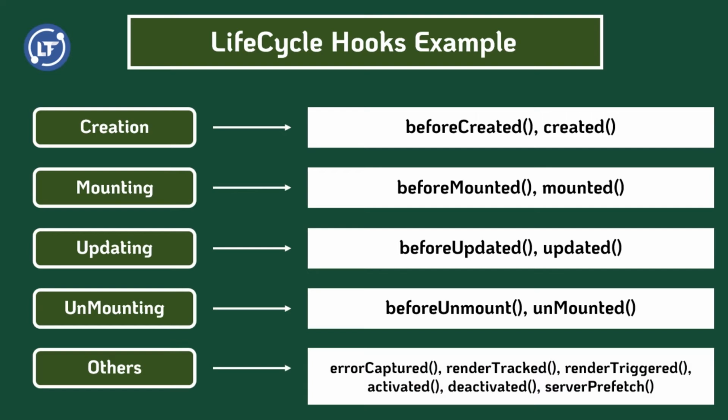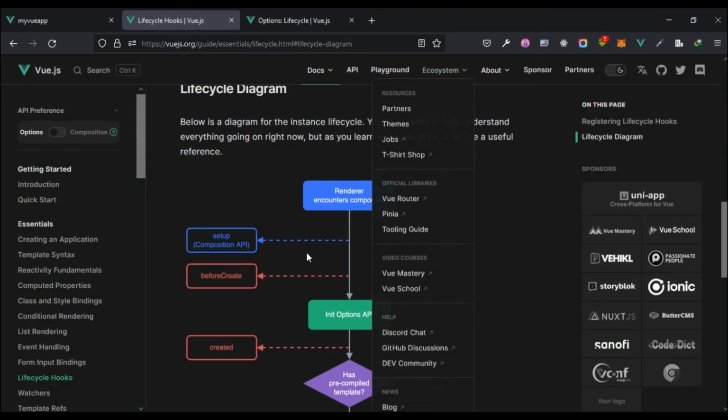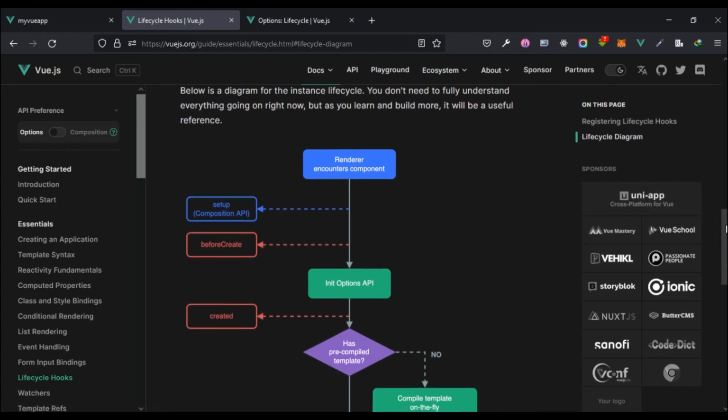So let's take a quick look at the Vue.js documentation and some of the things they have to say on that. There's a nifty diagram here which I wanted to show you on the documentation website. We can see the renderer encounters components. This basically shows the life cycle of a component. The setup function runs first, before anything in the composition API, which we'll get to much later in this course.